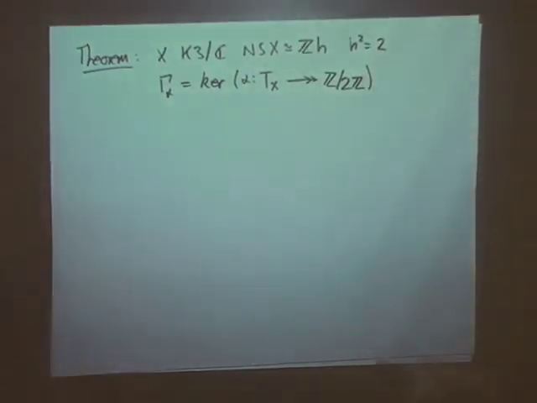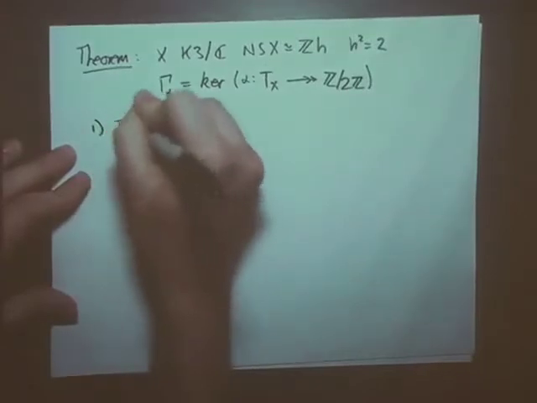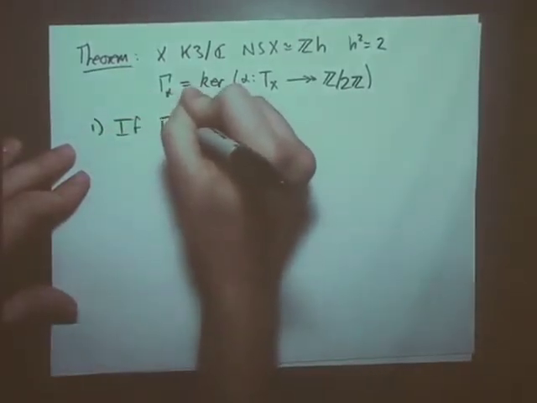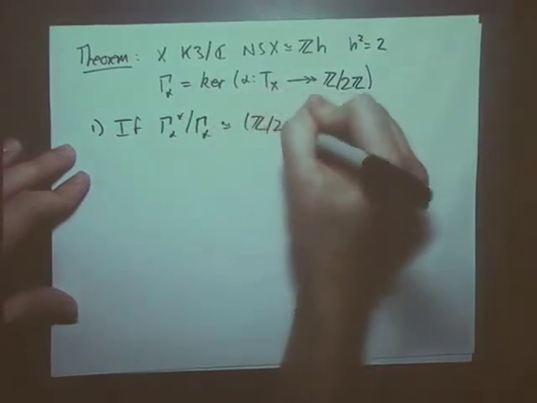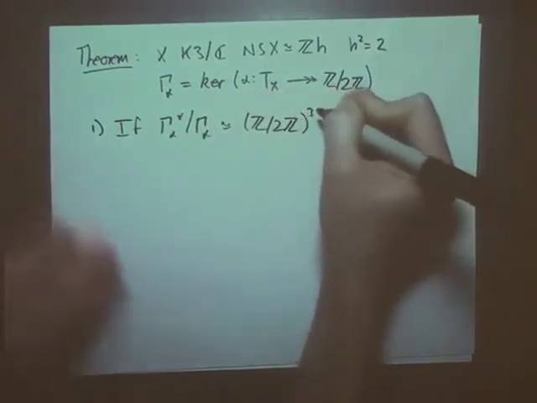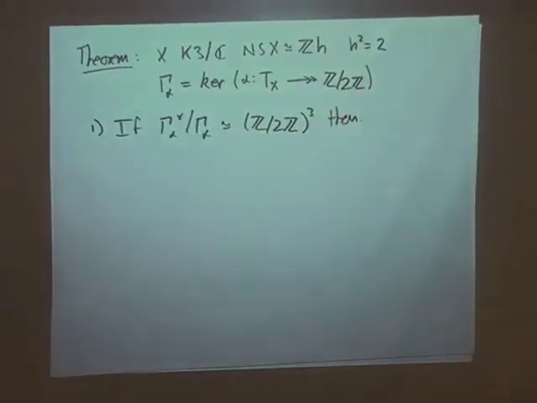Let's look at the case where the discriminant group was isomorphic to Z mod 2Z cubed. So what sort of thing are we really looking for? What happened in the even case?